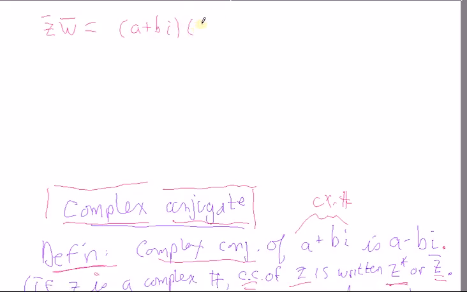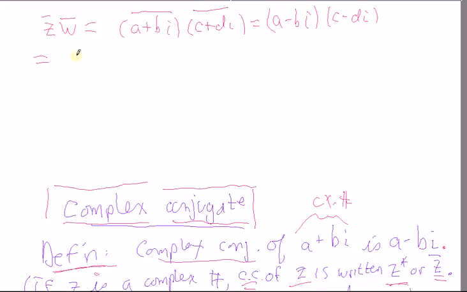And I'm taking the complex conjugate of each one. So that's the same thing as a minus bi, that's the complex conjugate of a plus bi, times c minus di, that's the complex conjugate of c plus di. And I can multiply this out using FOIL.